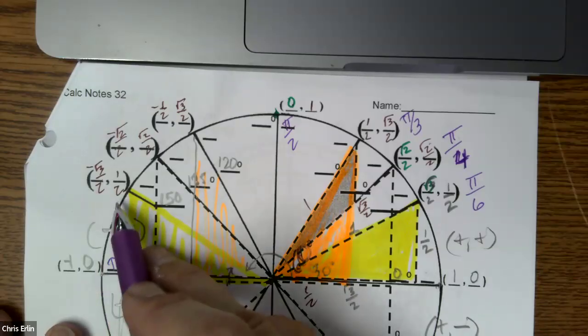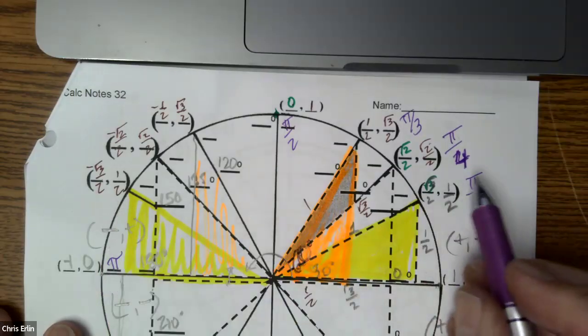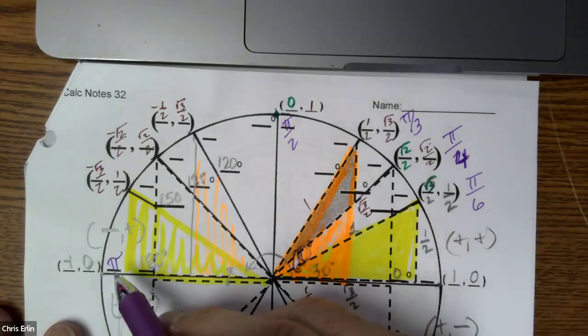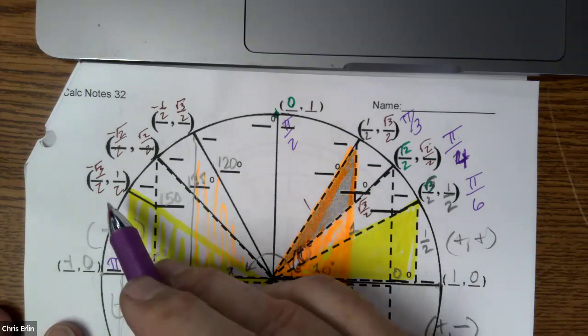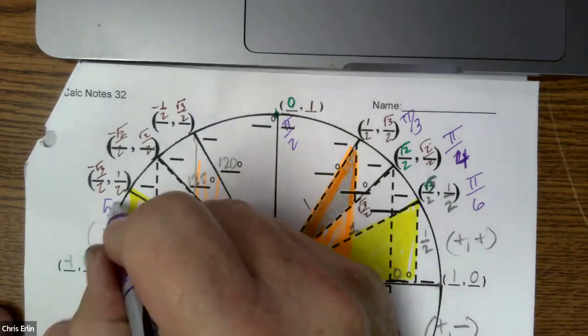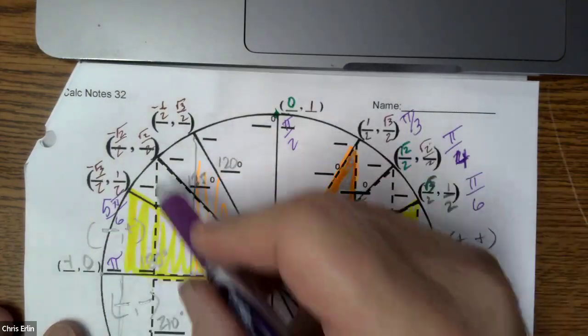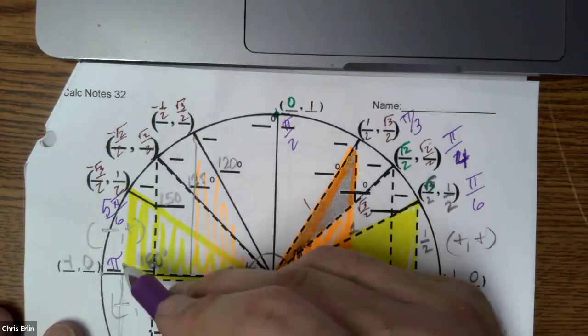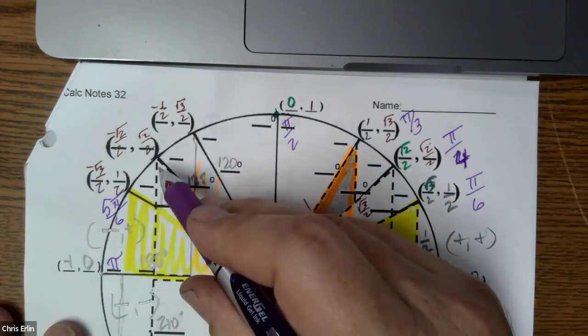So if I want to go back up this yellow triangle, if the 30-degree equivalent is pi over 6, and I want to go 1/6 less than 1, what's my radian measure? 5 pi over 6. And since the 45 is the fourths, I want to come back up from 1/4.